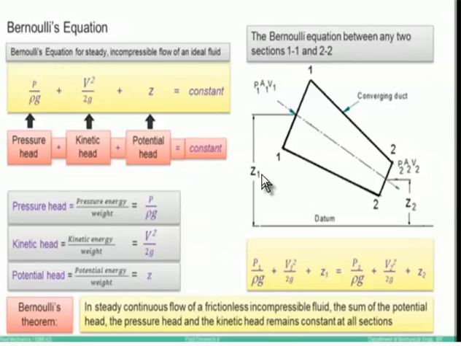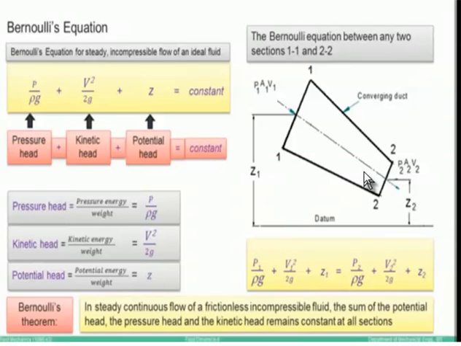Z1 is the potential head, which measures the distance from the datum to the section center. Section 1 center is here, representing Z1 relative to the datum line, and the section 2 center is represented by Z2.